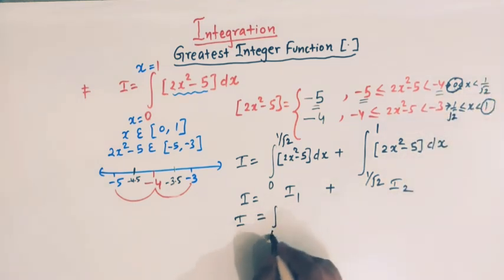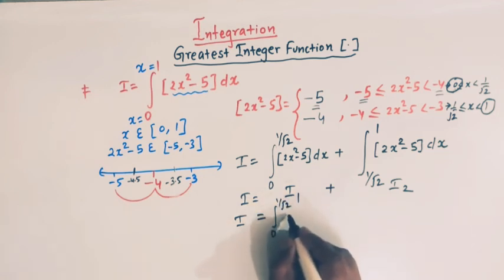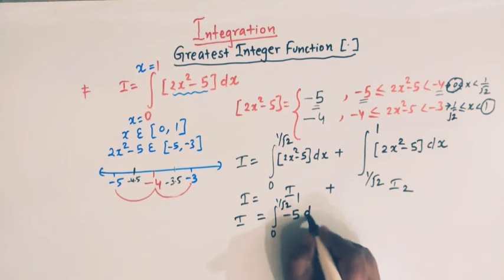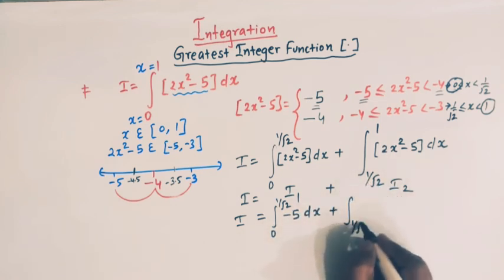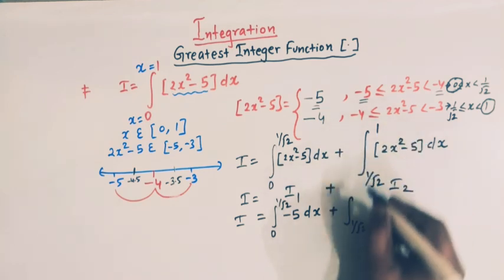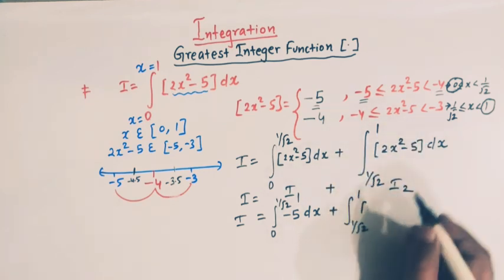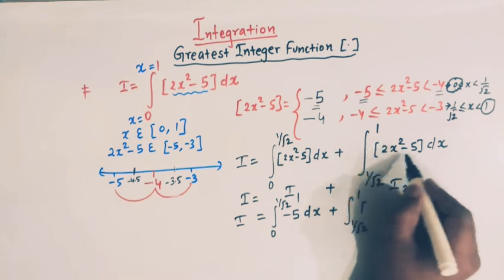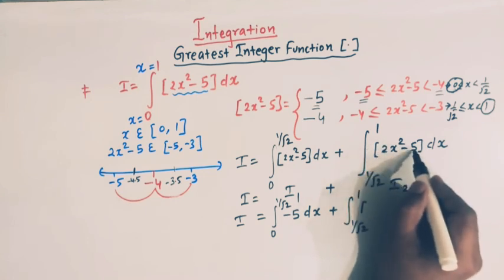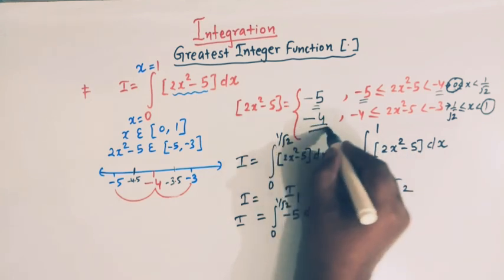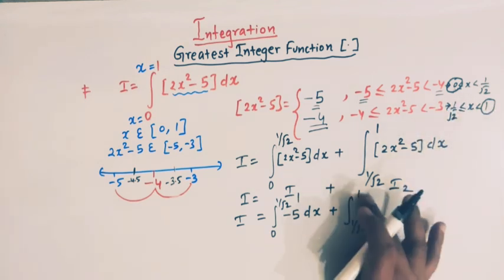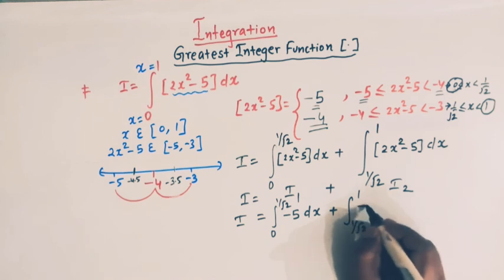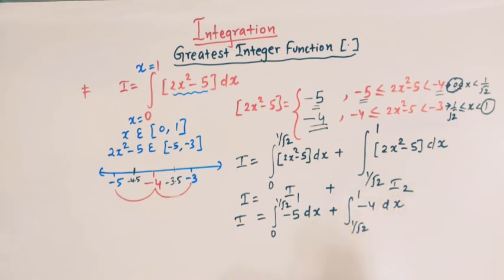So here we have 0 to 1 over square root of 2, and here we have minus 5 dx, plus we have the limits from 1 over square root of 2 to 1, and the value of greatest integer function 2x square minus 5 is minus 4 when x lies between 1 over square root of 2 to 1. So here we'll write minus 4 dx.